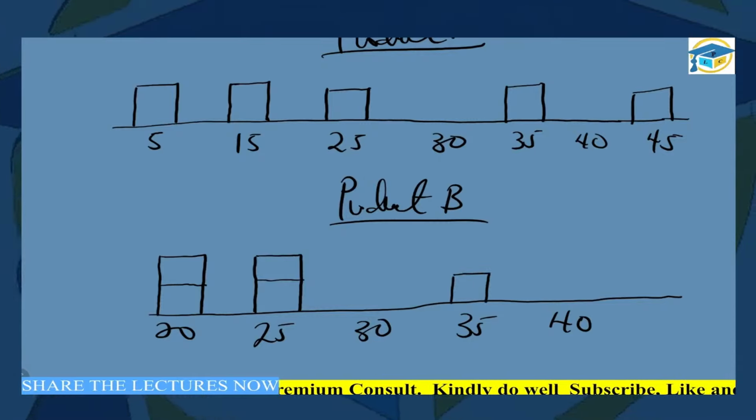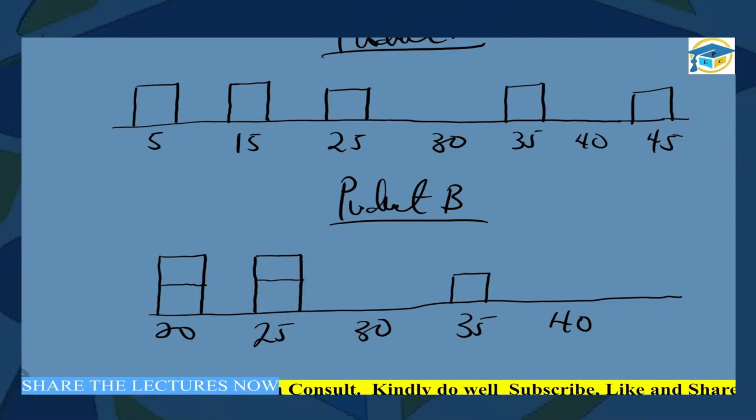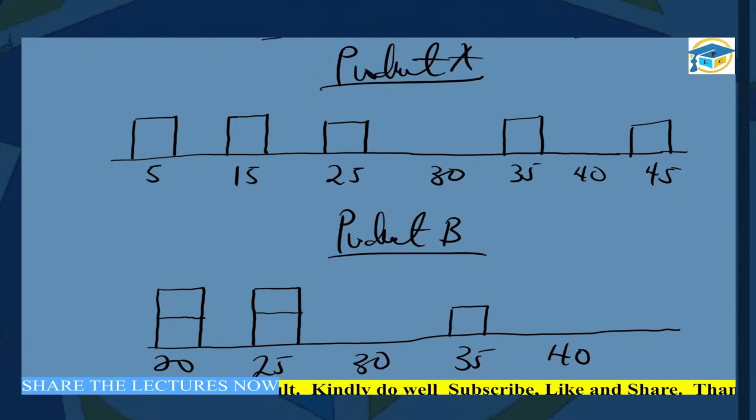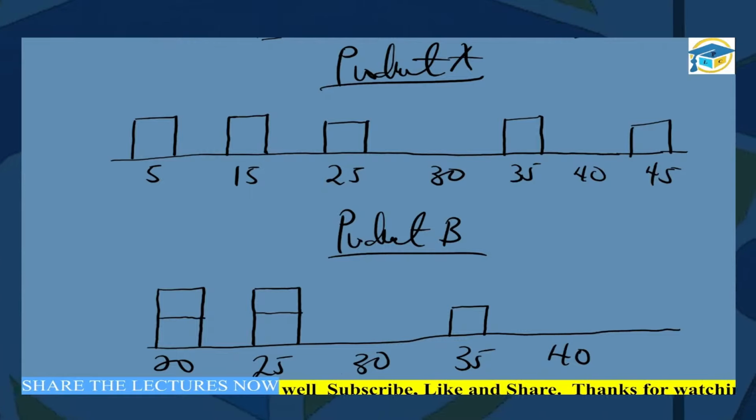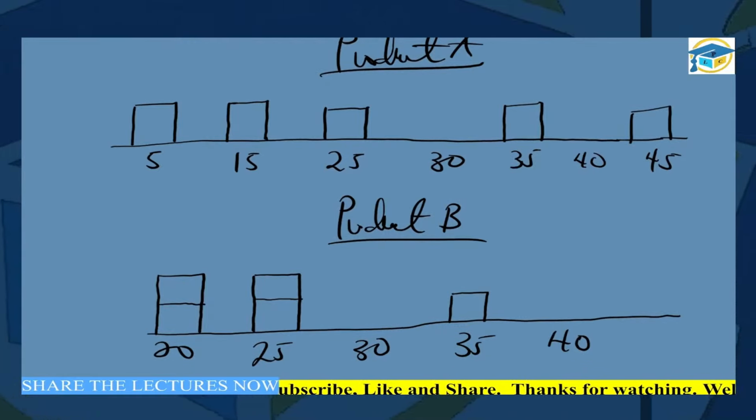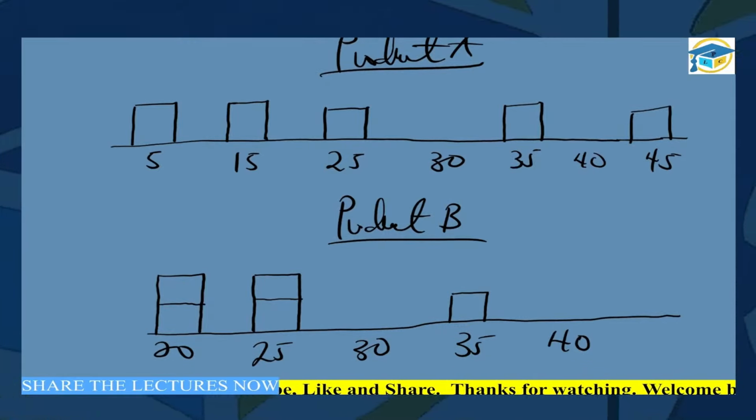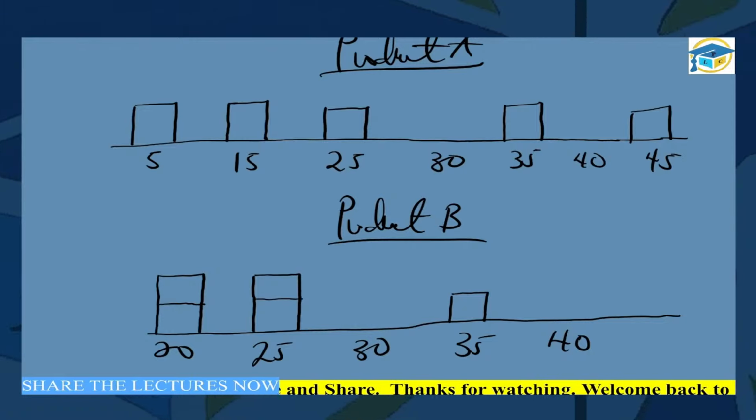So what is happening here? You can clearly see that product A and product B, in terms of their presentation on a graph, are totally different, as in the case of their mean, where it was the same.